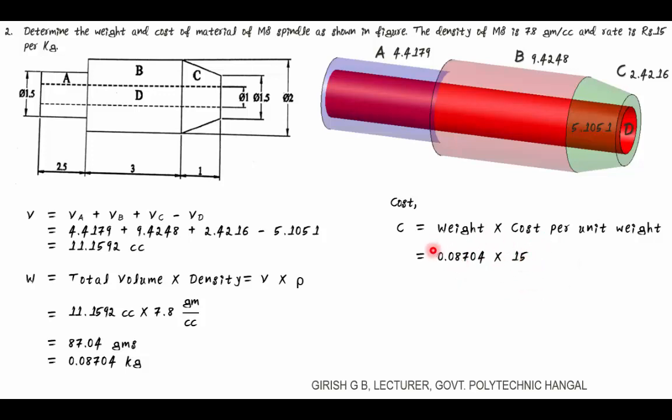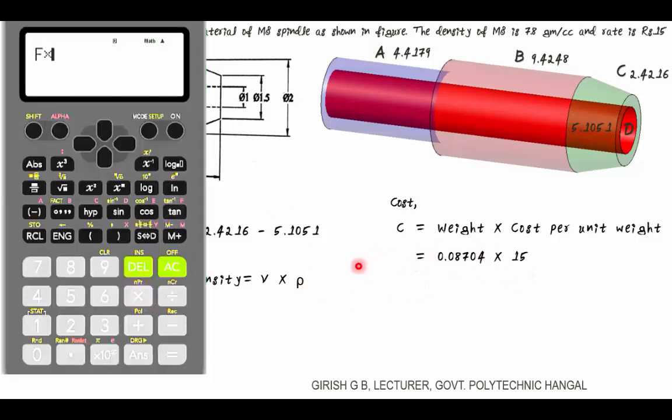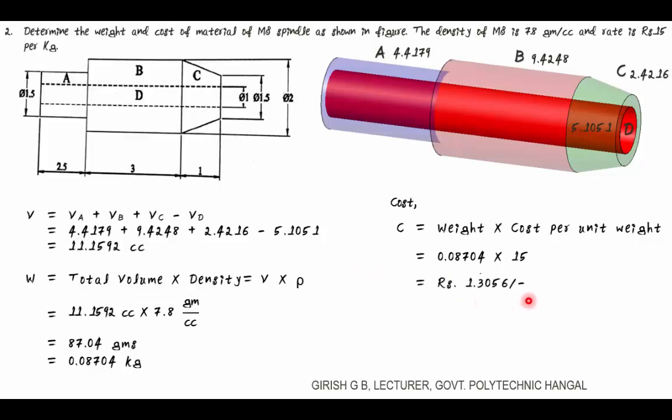Kg cancels, we are going to remain only with the rupees. Utilizing the calculator, we have stored this value under memory of F, hence it will be alpha F into 15. The value obtained is rupees 1.3056, which is the total cost of the material of this MS spindle.